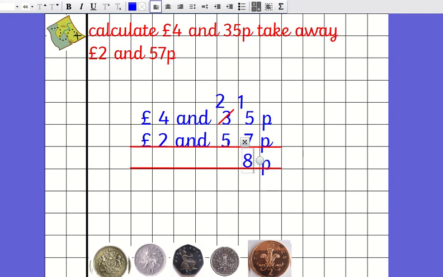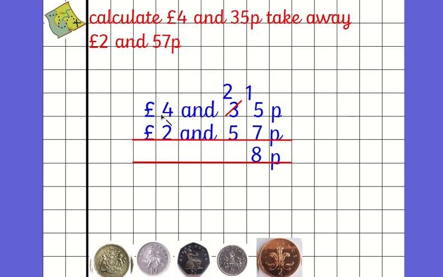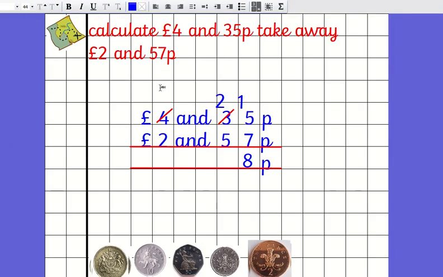2 take away 5. I can't do that. So I have to go over to the hundreds, cross out the 400, make it 300, add a 1 to the 2, which makes it 12. 12 take away 5.